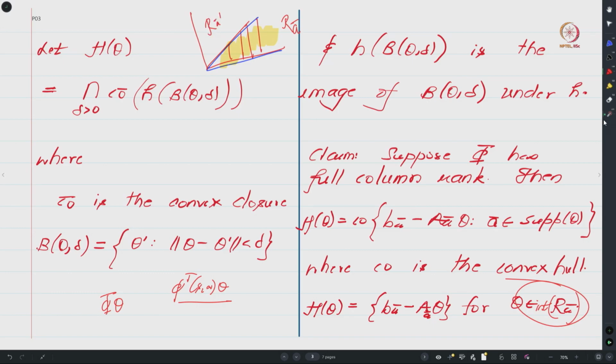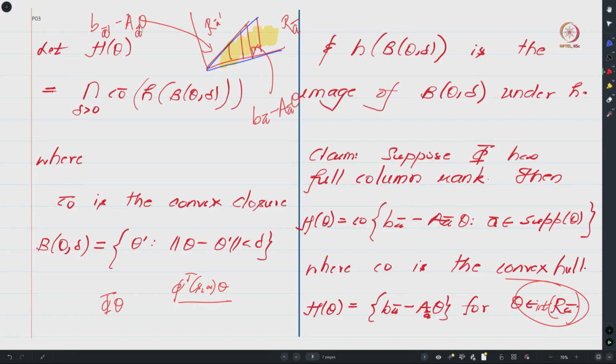When your phi theta sits in the interior of this one, your capital H function would basically be B A bar prime minus A A bar prime theta, and when it is in the interior here, it will be B A bar minus A A bar theta.